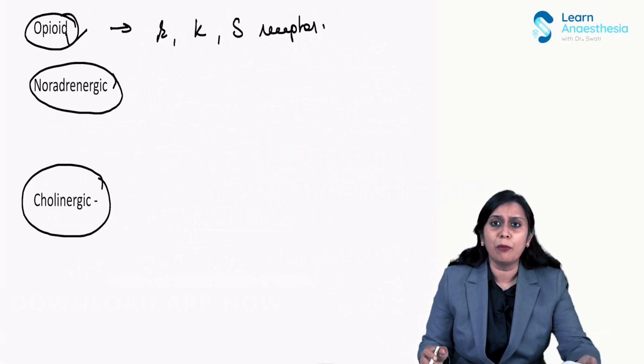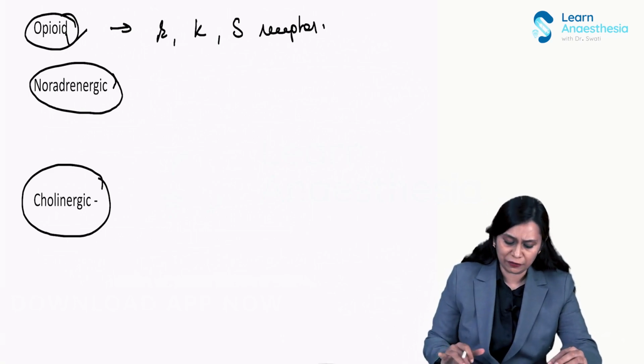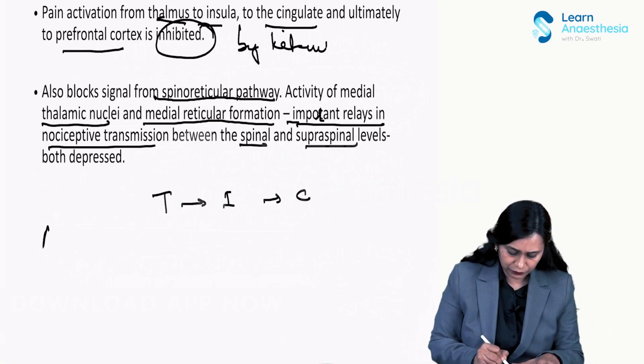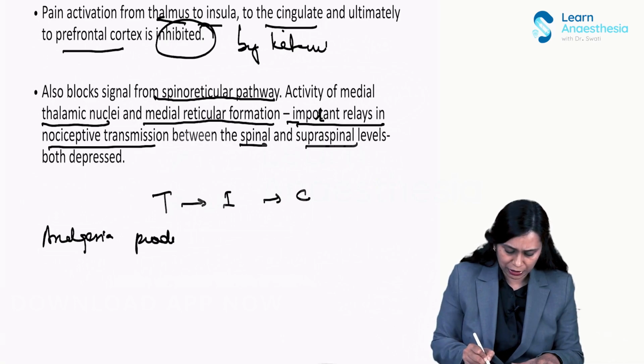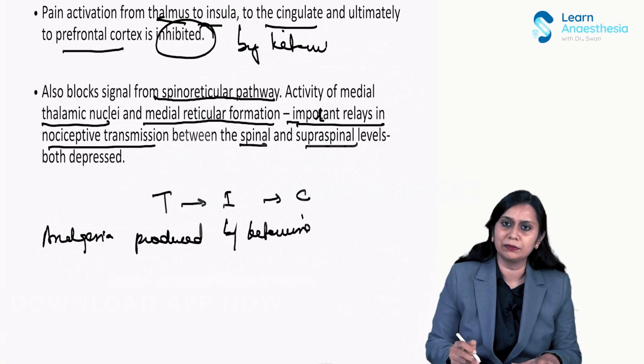And it can also bind to the cholinergic receptor. Now, one more thing I want to tell you, that the pain relief produced by ketamine, the analgesia produced by ketamine, is by two mechanisms.